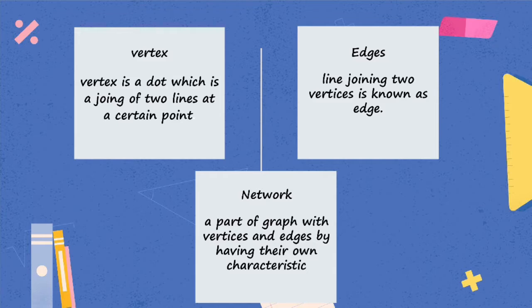What is a vertex? A vertex is a dot which is a join of two lines at a certain point. What are edges? A line joining two vertices is known as an edge. Network. A part of a graph with vertices and edges, having their own characteristics.